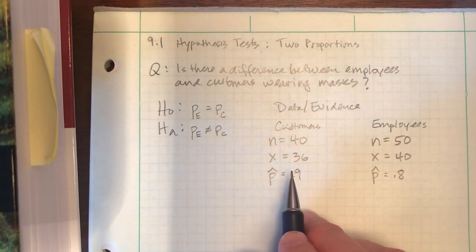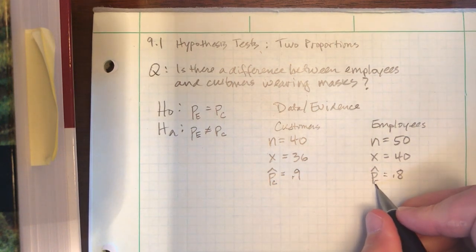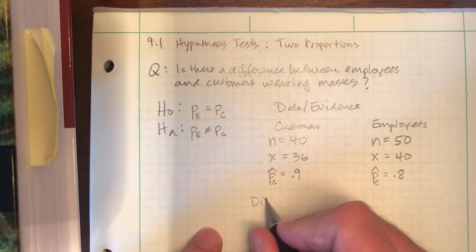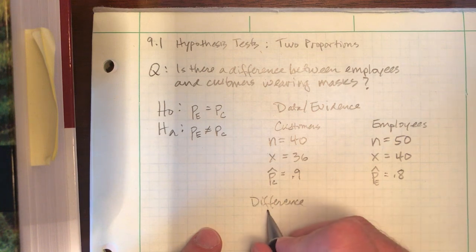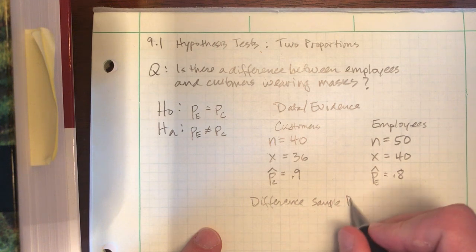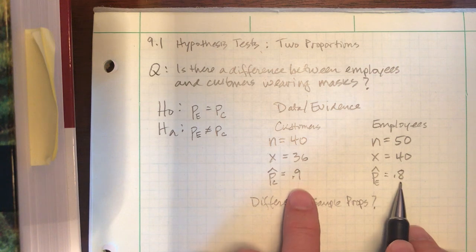Now, I could put a little C, just remind us that's for customers, E for employees, but the question we ask right now, is there a difference in the sample proportions? And all we have to do is look at these two numbers.